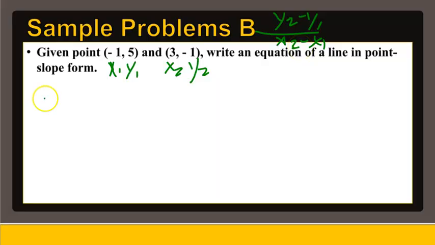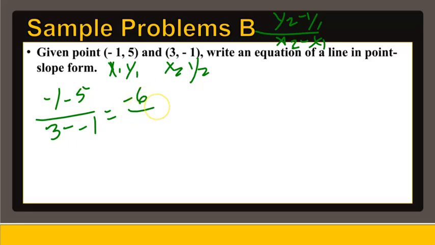So I have negative 1 minus 5 divided by 3 minus a negative 1, which is going to give us a negative 6 in the numerator and a positive 4 in the denominator. But I can simplify this by dividing by 2 halves, and I get a slope of negative 3 halves.